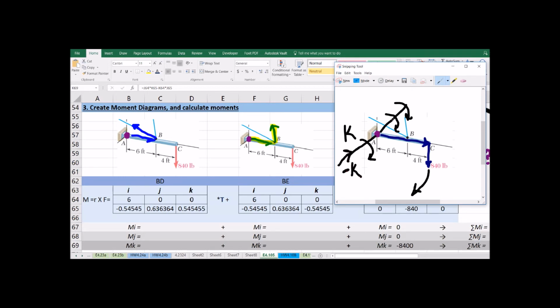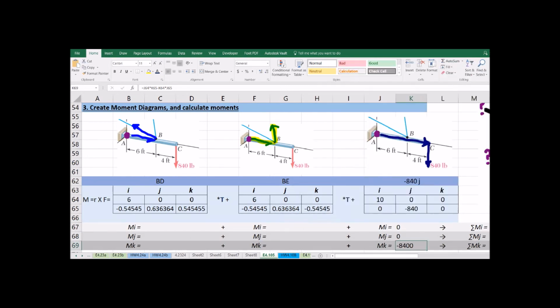See how if you wrap your fingers around here, your thumb is pointing backwards in this case. So that's your K moment here. It's describing the axis it's rotating around. This force is rotating it around the K axis, and that's going to be a negative moment because of that right-hand rule. Okay, so there's our first moment.